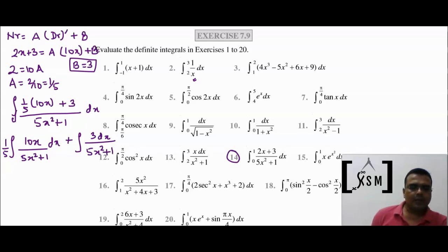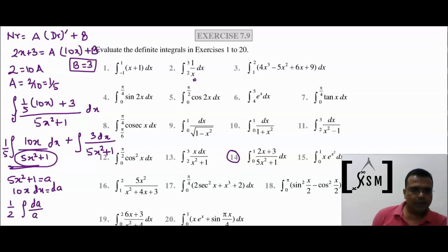If you have understood the integration till now, in this first part, while integrating, if I suppose the denominator 5x square plus 1 equal to a, so I will actually get 10x dx equal to dA, right? So we actually get 1 over 5 integration of dA over a, so it is actually 1 over 5 log a.